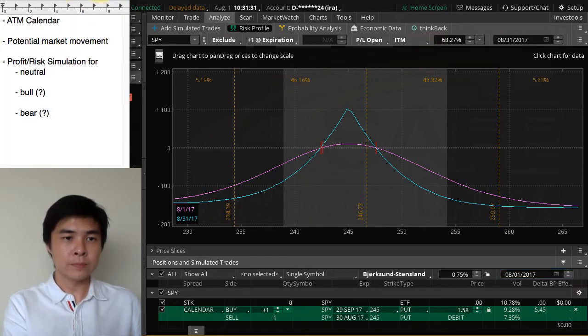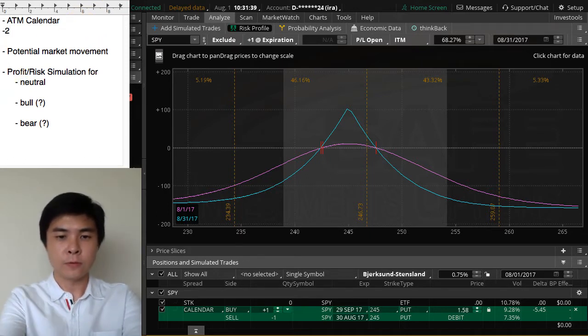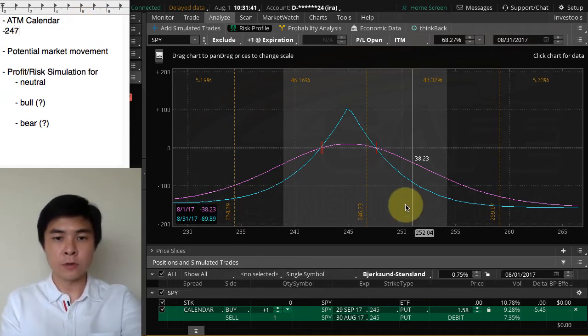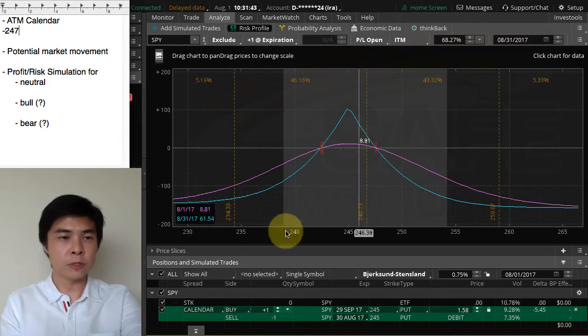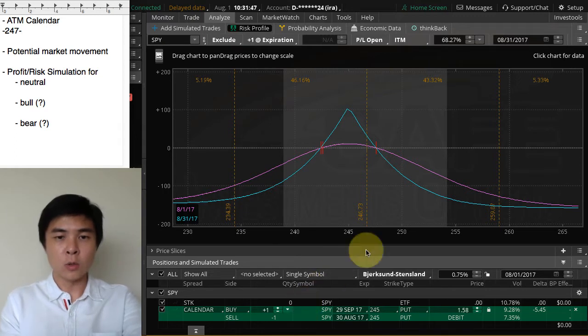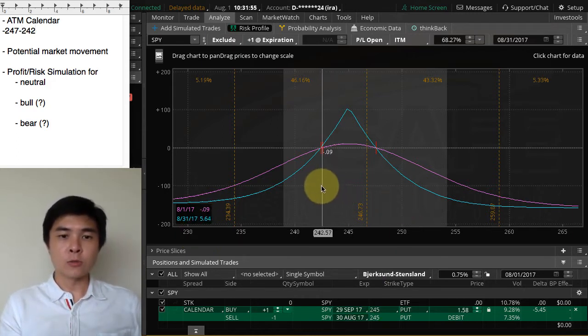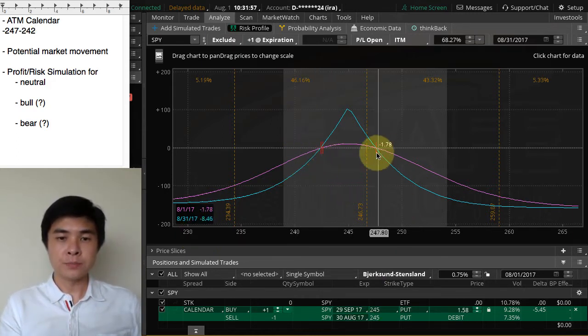Our risk on the upside is at 247, to be sure, 247. And the lowest range that you will go is about 242 before it starts to make any losses, and that's within the 30 days period.